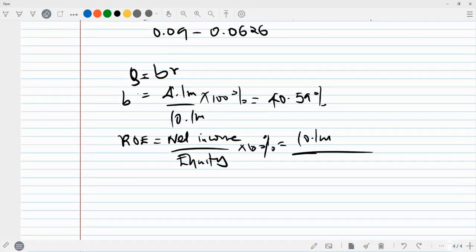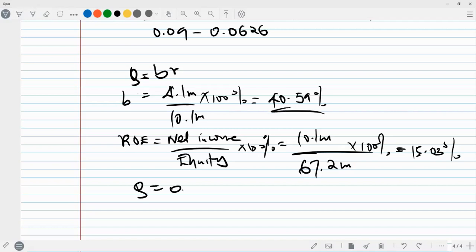Divided by equity, and the equity for this company, if you look at the balance sheet, is 67.2 million: ordinary share of 20 million plus reserves of 47.2 million. Therefore, return on equity is how much? 15.03%. Therefore, G is equal to B, which is 0.4059, times 15.03.